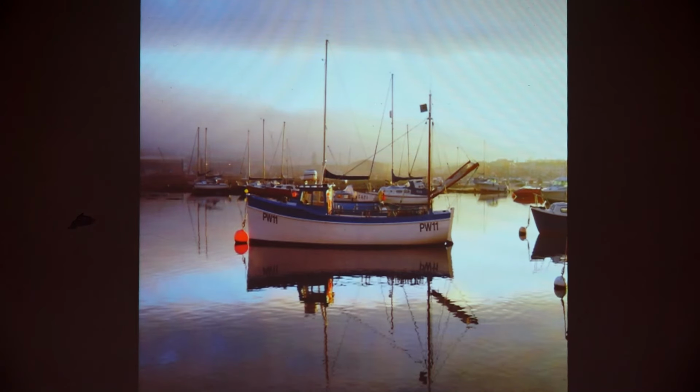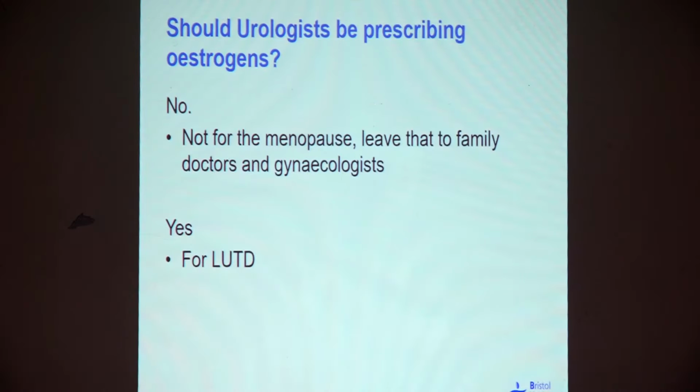And then finally, I was asked to say something about estrogens. And for the gynecologists here, should urologists be prescribing estrogens? Well, yes and no. No, I don't think we should be prescribing estrogens for the menopause in general. Unless you're all short of things to do, I would leave that to the gynecologist and perhaps the competent general practitioners.